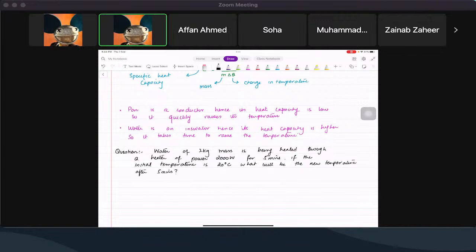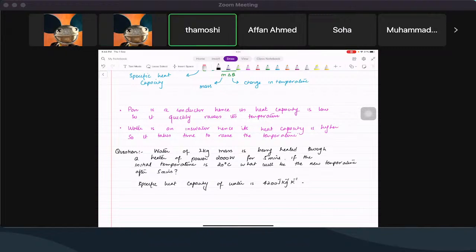They've also given the specific heat capacity of water, which is 4200 joules per kg per Kelvin. Is it clear, everybody? Can you try this? Okay, good.